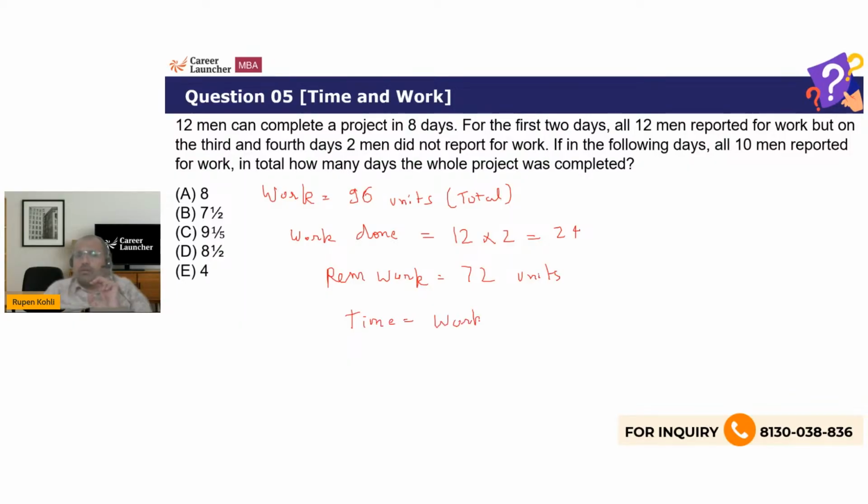Work to be done is 72 units at the rate of 10 units per day, because 10 men are working. So 72 by 10, 7.2 days will be required further. So already 2 days initially, and then another 7.2, that is 2 plus 7.2, 9.2 total days. That's your answer, or 9 1 by 5. There is your answer, right?